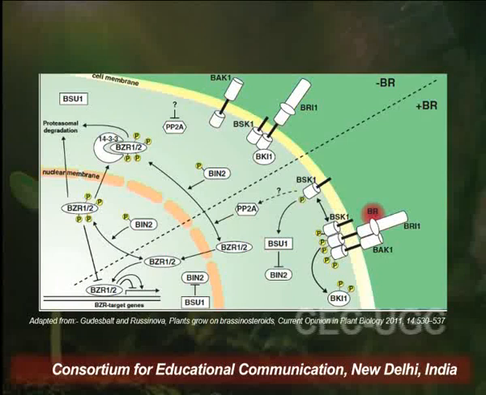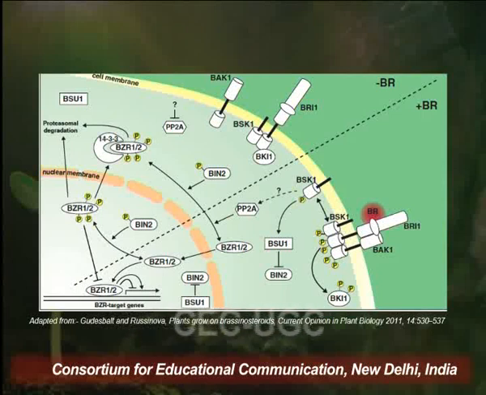Since the brassinosteroids are absent, you can see that BIN2 is active, and this causes phosphorylation of BZR1 and 2, and once these are phosphorylated, they become more prone towards proteasomal degradation, and they get degraded by the 26S proteasome proteins, and no effect is exhibited.